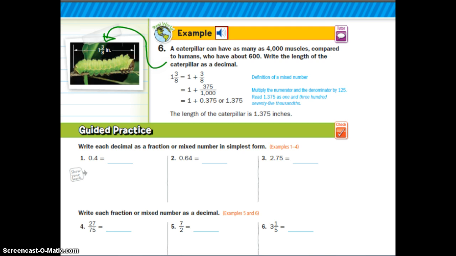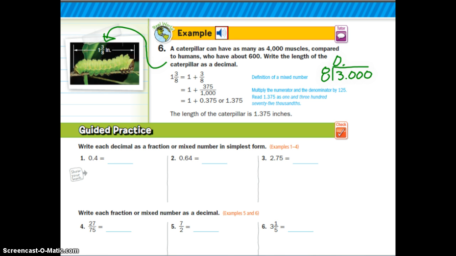So we know that the number 1 is the whole component. We write that down. Then we know that for 3/8, we need to get that into a multiple of tens. We can bring it up to 1,000, or we just do simple division. In this case, I'm going to go ahead and divide.